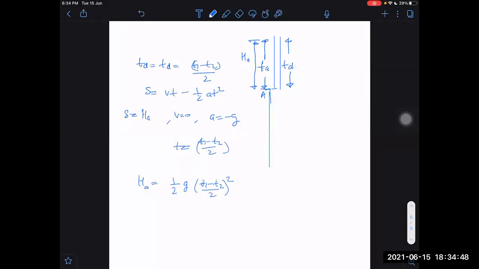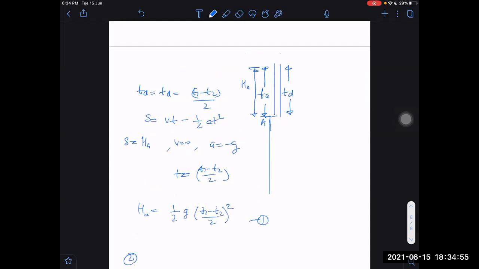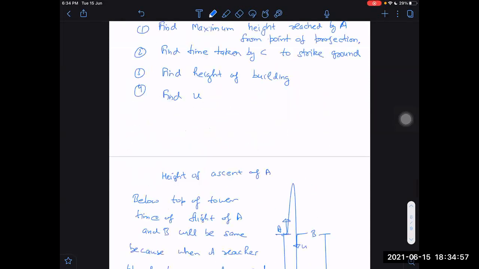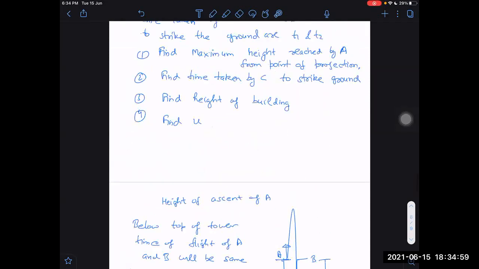Okay, so we are getting this answer, the first answer. Second question: find the time taken by C to strike the ground from the point of projection.